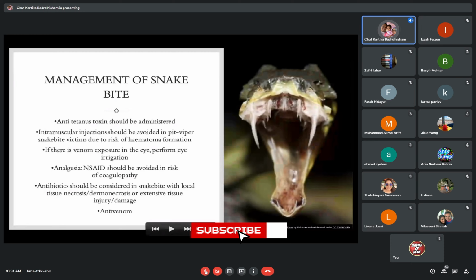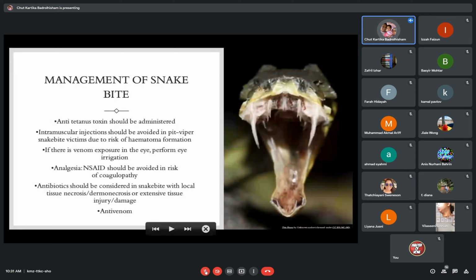For pain, we give NSAID, but NSAIDs should be avoided in patients with coagulopathy. Antibiotics should be considered in snake bite once there is local tissue necrosis, dermonecrosis, with extensive tissue injury or damage. Lastly, antivenom.